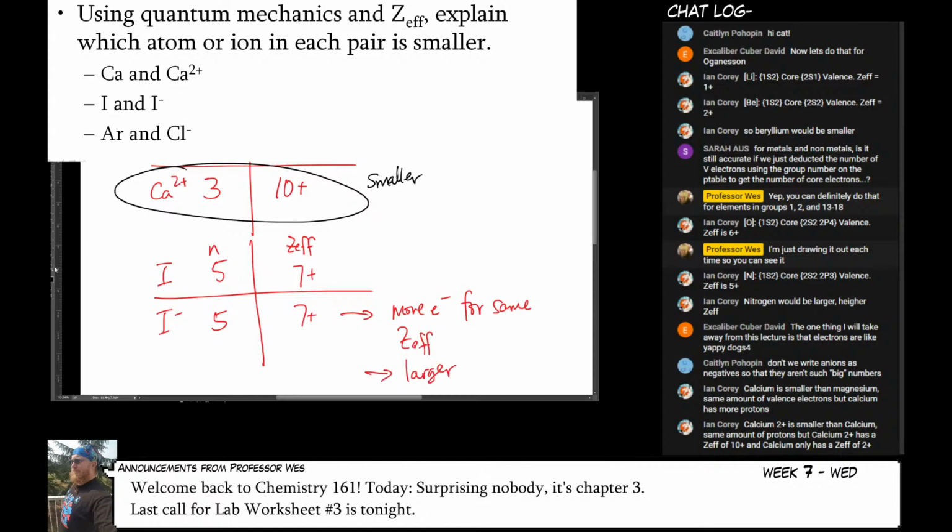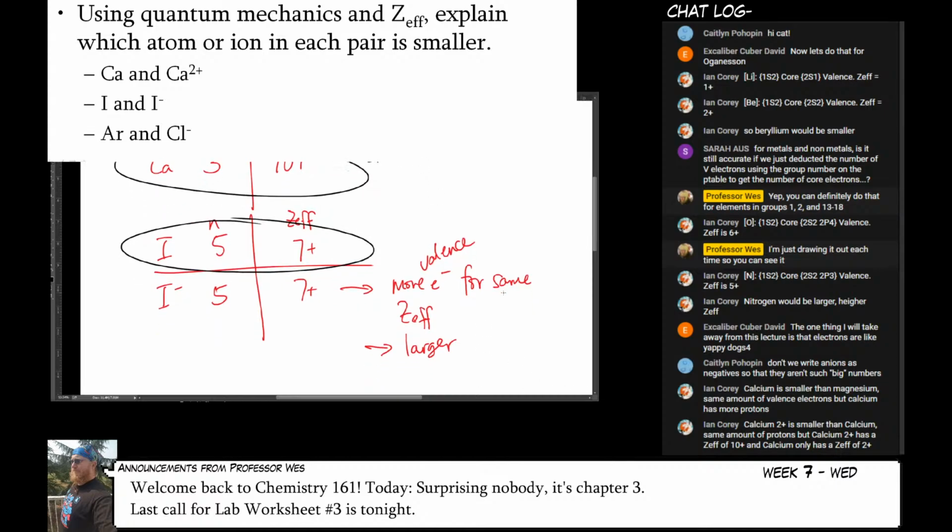The question is asking which one is smaller, so this one's smaller. I should be more specific here: specifically, more valence electrons. Technically, it doesn't matter that I say valence electrons there, but I should just say that to make it more clear for you.